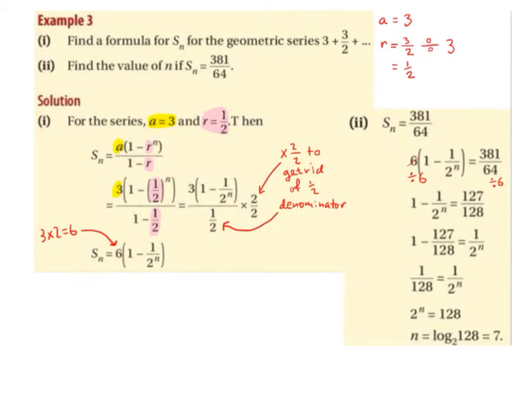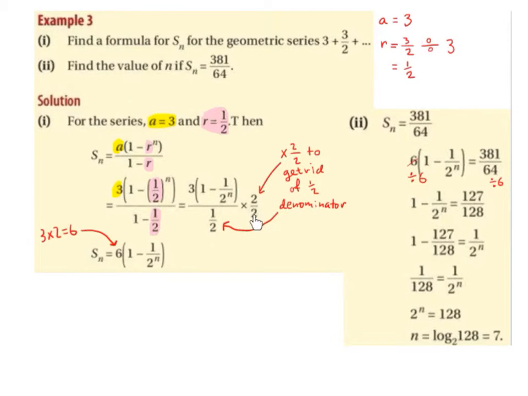So what we're going to do is multiply the numerator and the denominator by 2, because we want to get rid of the fraction in our denominator. Multiplying by 2 over 2 is technically the same thing as multiplying by 1, so it doesn't change the actual value of the fraction. So 3 multiplied by 2 is 6, and that's still multiplied by 1 minus 1 over 2 to the power of n.